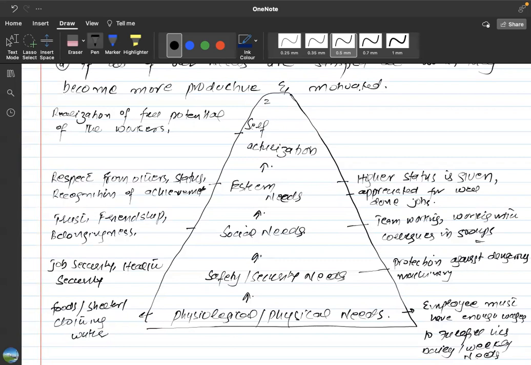This self-actualization is achieved inside the offices by giving people more challenging responsibilities that involve a higher level of skills, and by promoting them.